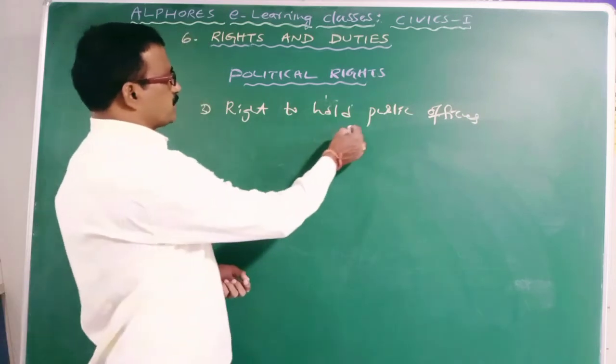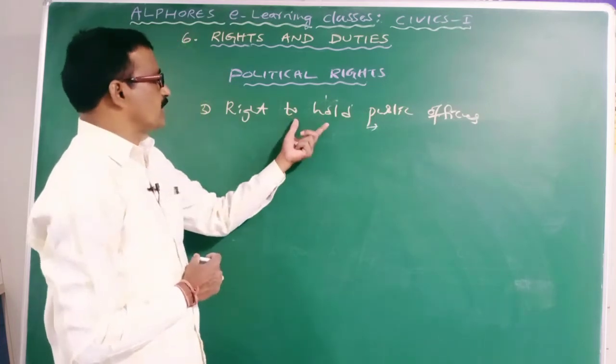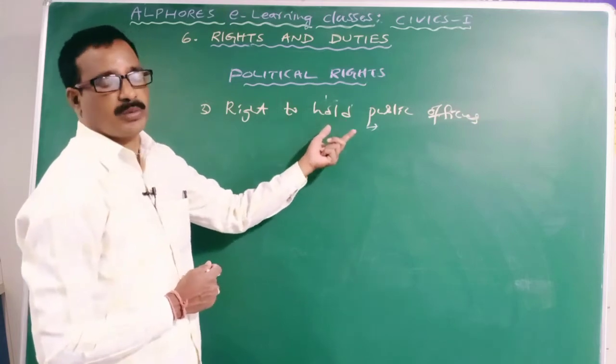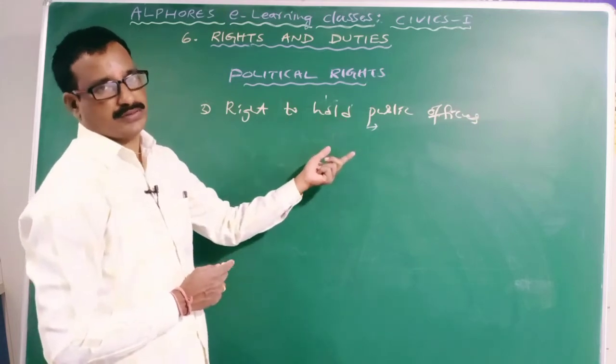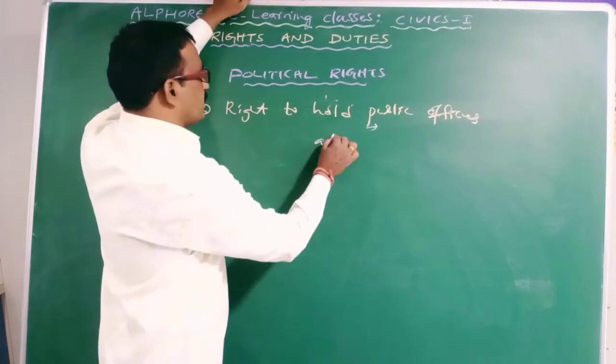Clear? It means to become government officers. This right provides opportunity to the citizens to become government officers, government employees. Involved in where? In the administration of the state.